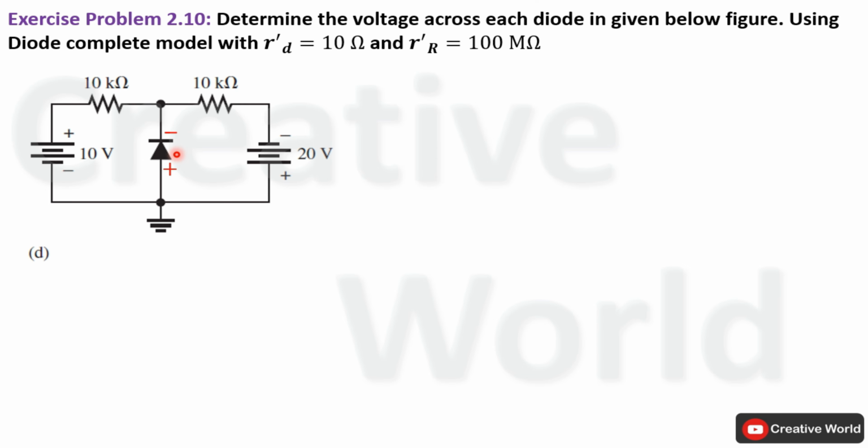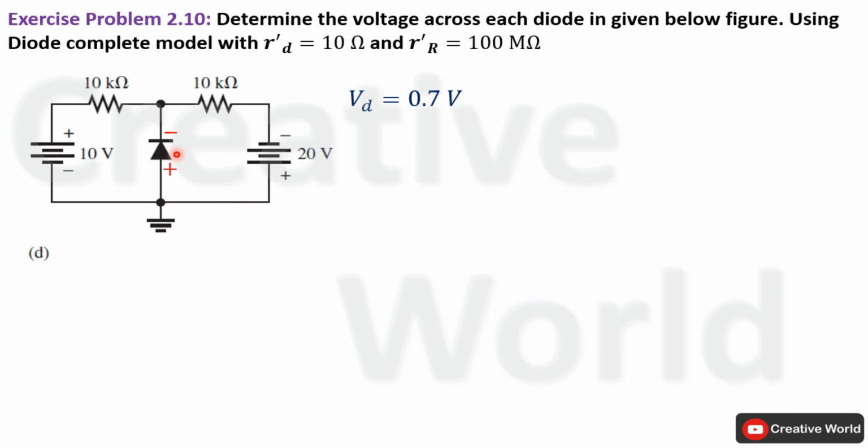As we discussed earlier, this diode is considered as silicon diode. So it will be having 0.7 volt potential difference across its terminals, which is also known as forward drop voltage of diode. Now, after the confirmation of biasing of diode, we have to include the complete model of diode.